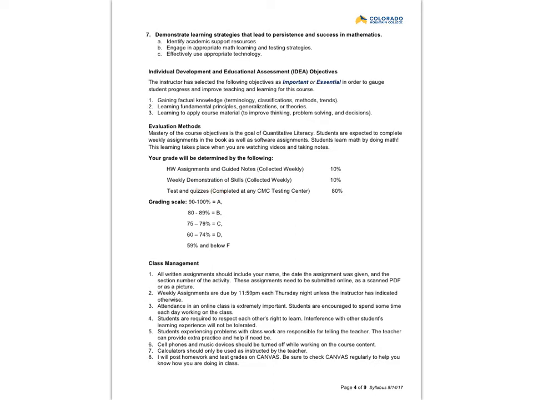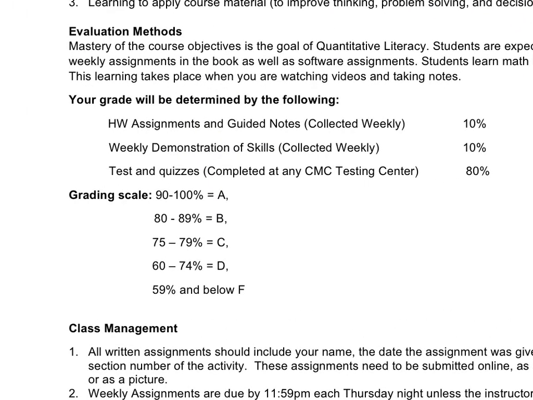If you have a 90% or above, you'll get an A. 80 to 89% is a B. 75 to 79% is a C. In order to pass the class, you have to have a C or better. So this is passing.